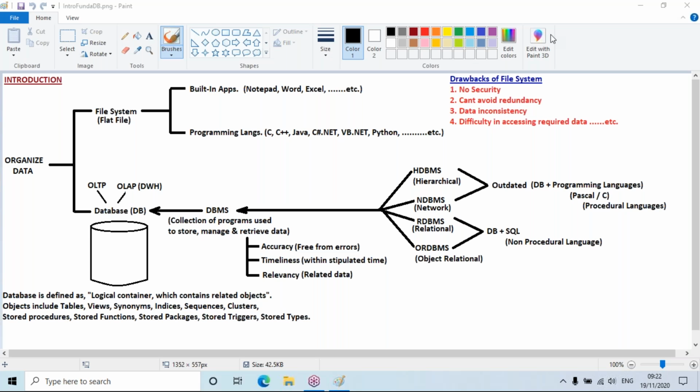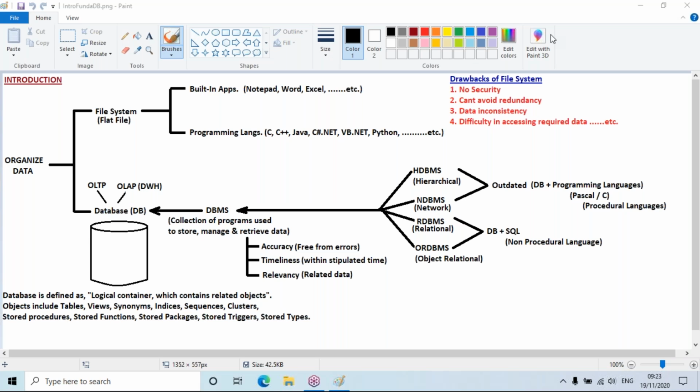Drawbacks I listed of file system: no security, cannot avoid redundancy, data inconsistency issues, difficulty in accessing required data. And I said we can frame a still bigger list of drawbacks. Then database, what is it? Types of database, what is called database, what are objects in database, what is DBMS, types of DBMS, all these things we discussed in my last session.